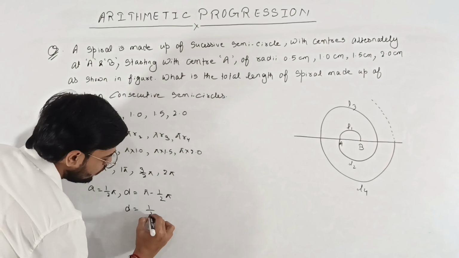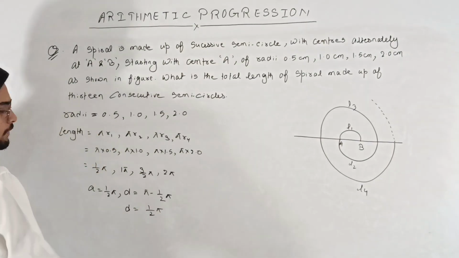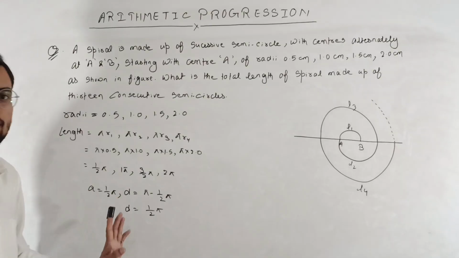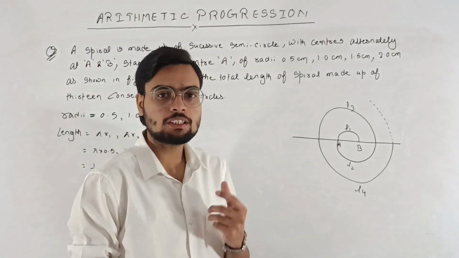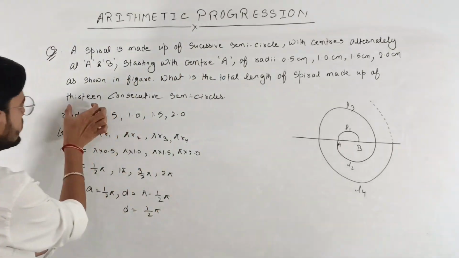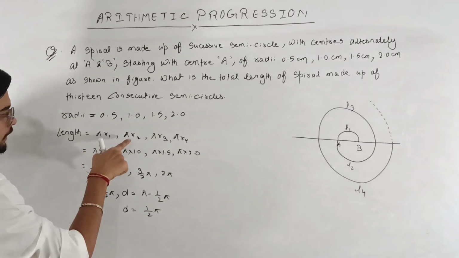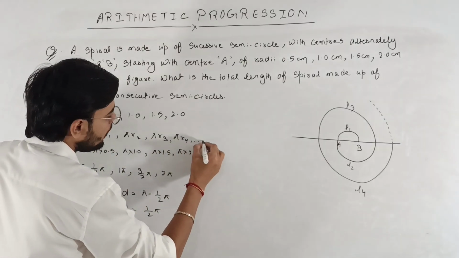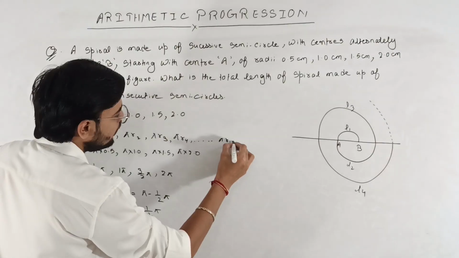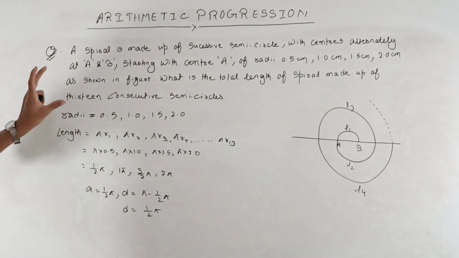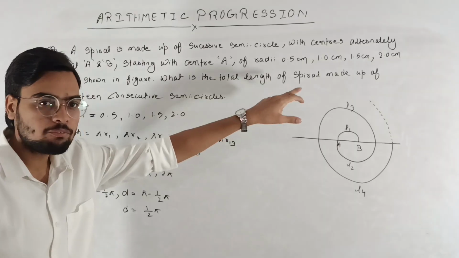Again 1 upon 2 pi. Okay, a is half pi, d is also 1 by 2 pi. Now look how many semicircles we have. We have a total of 13 semicircles. So the lengths are first, second, third, fourth, up to pi r13.